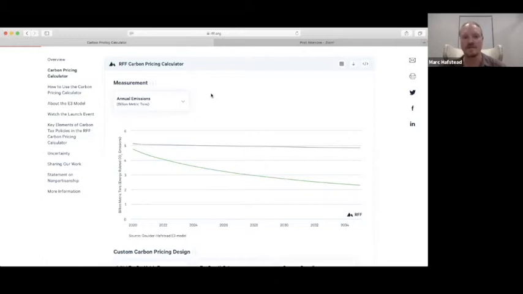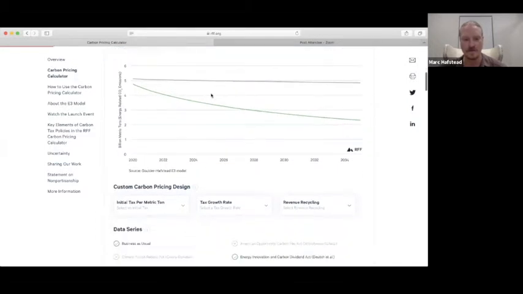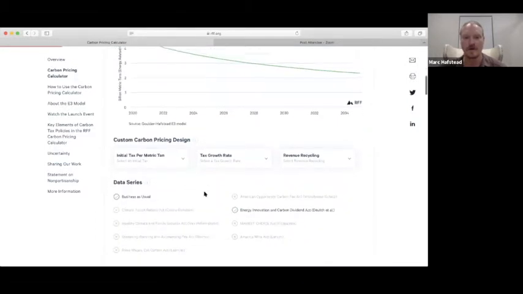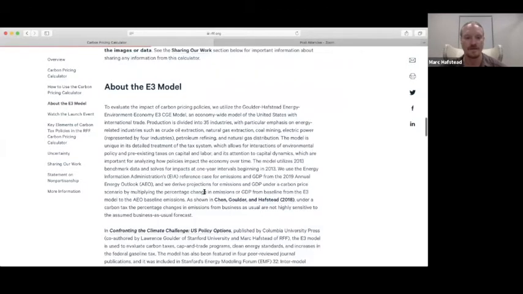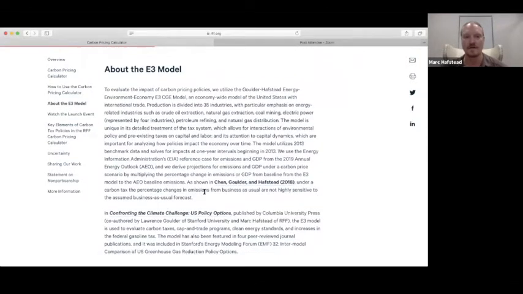Before I get into using the calculator, which we'll go through here, I want to talk through a few of these bullet points on the side here. So the E3 model, and as Jerry said, one of the goals is to learn about the E3 model. It's an economy-wide, multi-sector model of the U.S. economy. Professor Larry Goulder built this well over 20 years ago.